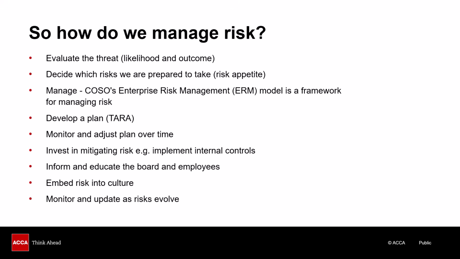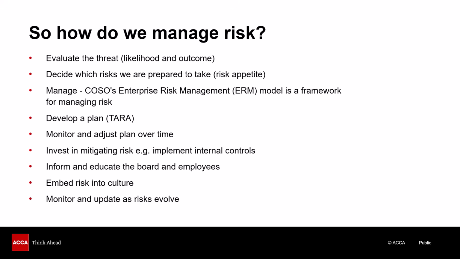And here we see our first connection. Actually, it's our second connection to other topics in the syllabus. The first connection was between risk and strategy. The second connection is between risk and internal controls. Internal controls are implemented in order to mitigate risk.